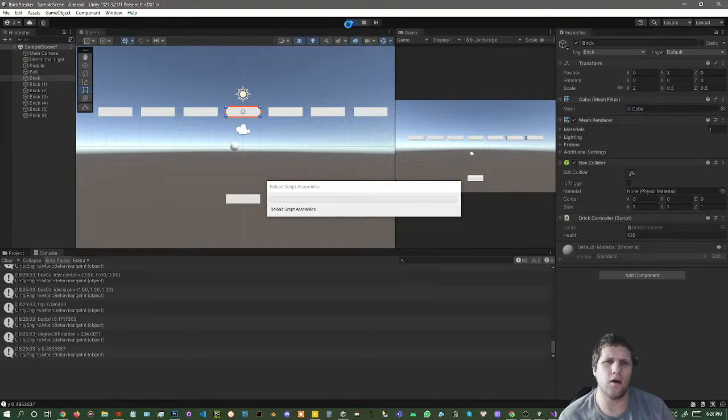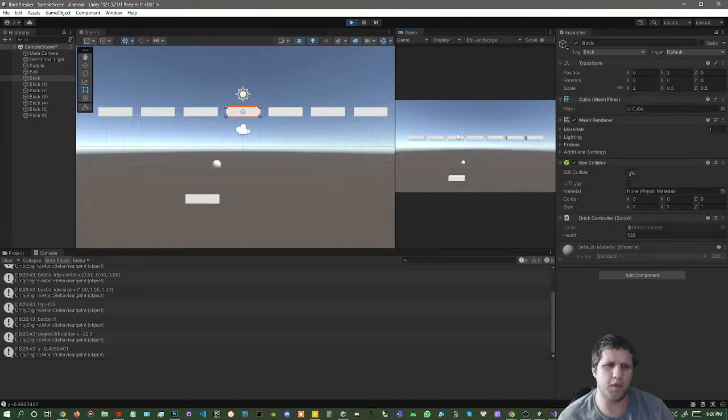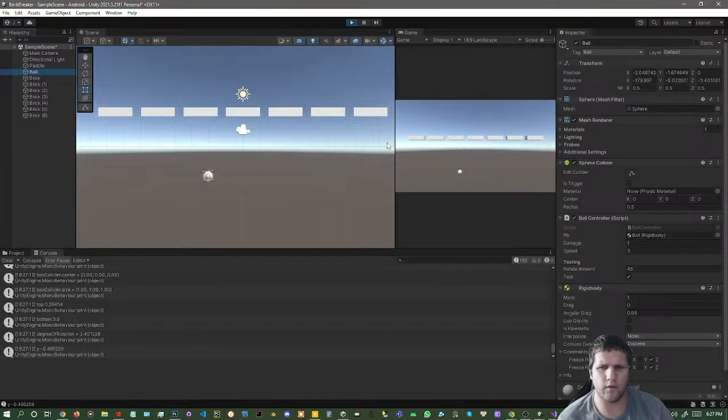So now it's going to change based on, is it hitting above or below? No. The rotation just seems to be very small.